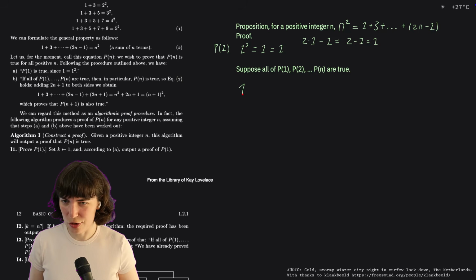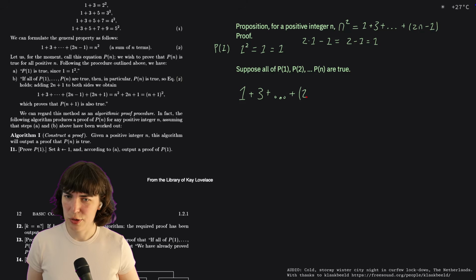Okay, here's where it gets interesting, I guess. Alright, let's try this. Sketch this out. 1 plus 3 plus a bunch of stuff plus 2n minus 1 plus 2n plus 1.